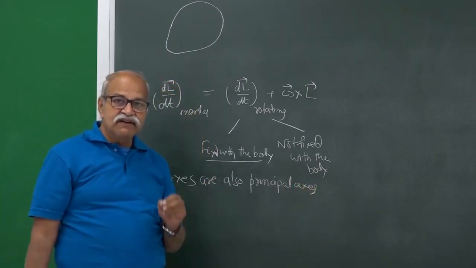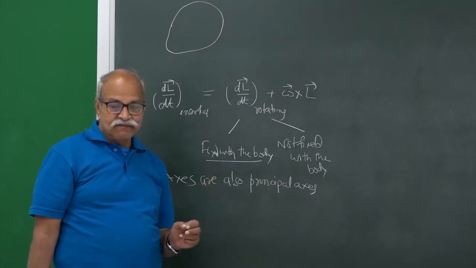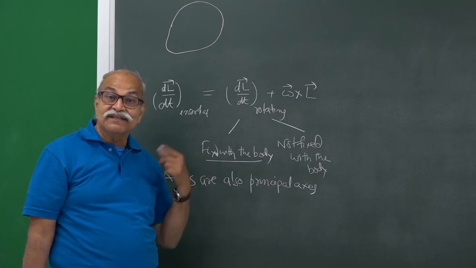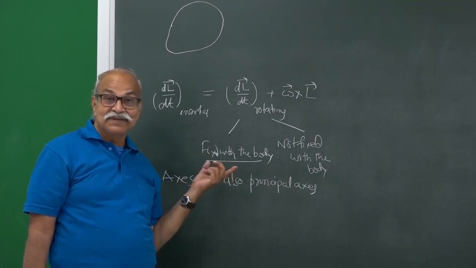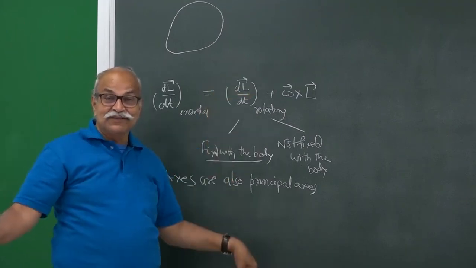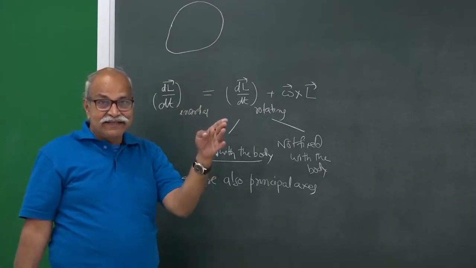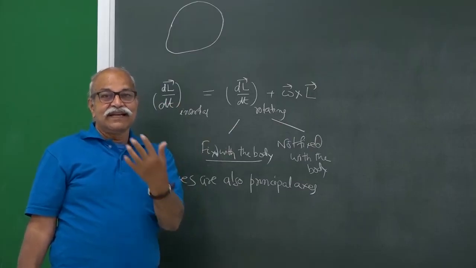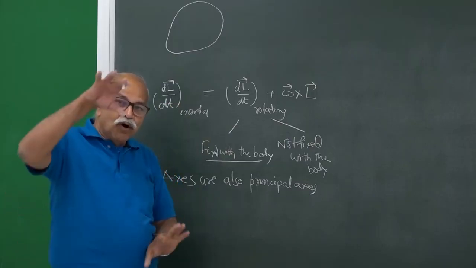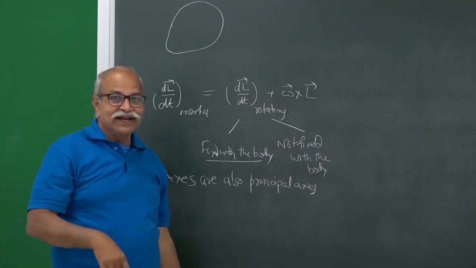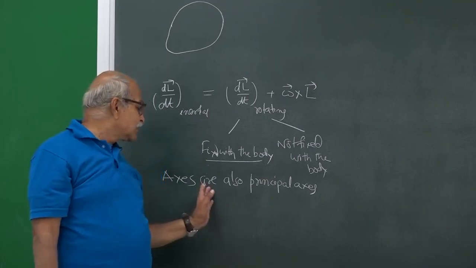If you have x, y, z axes and in that axis system the product of inertia terms are all 0. You have 9 components of moment of inertia, 3 on the diagonal, which we write I xx, I yy and I zz, and then the off diagonals which we write I xy or I yx or I xz and so on. So, those are products of inertia.